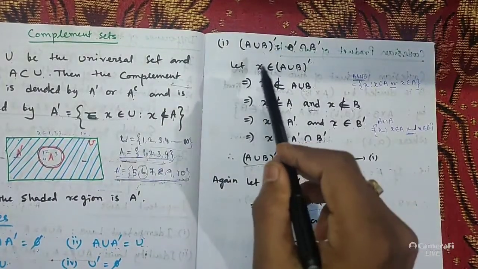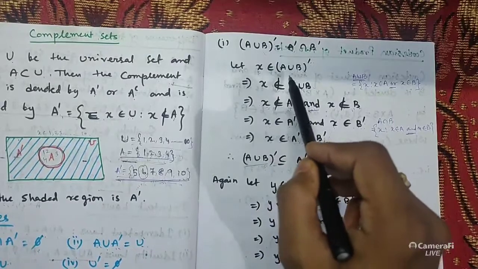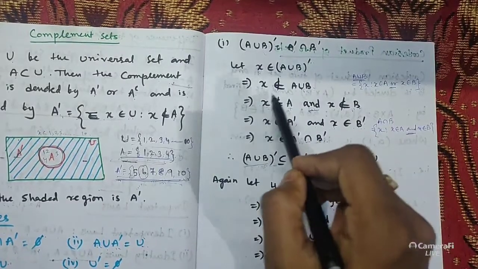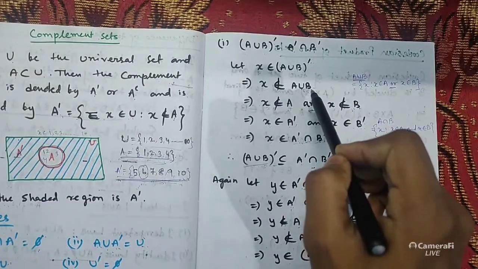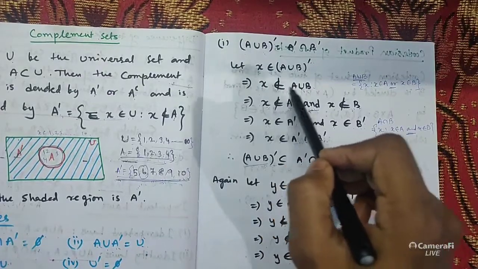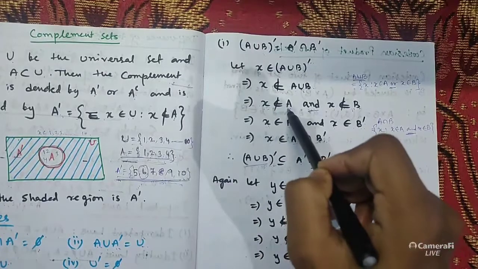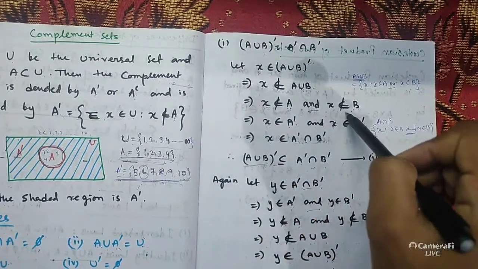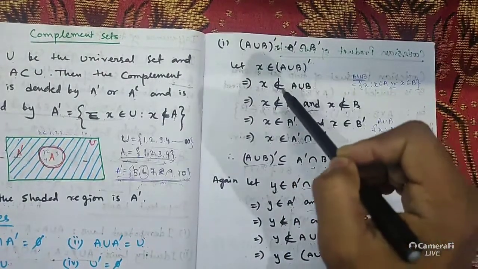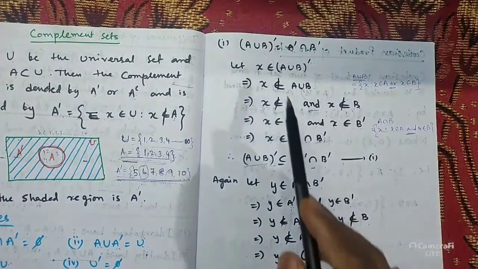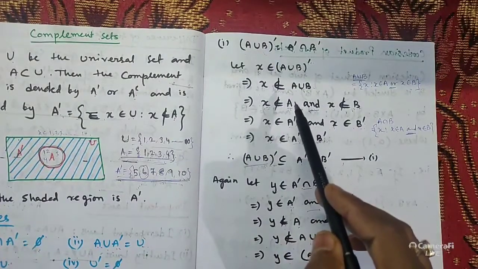Same way, if I am taking x belongs to A union B whole complement, that means x does not belong to A union B. Now if x does not belong to A union B, that means x does not belong to A and x does not belong to B. Now if x does not belong to A, where does x belong?